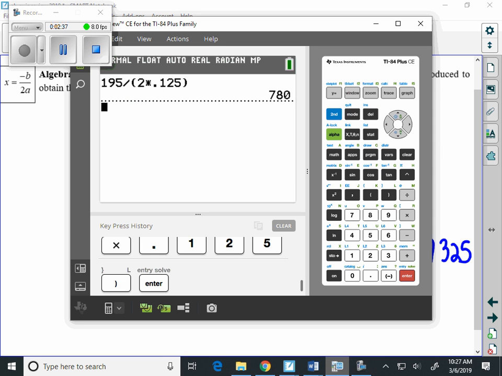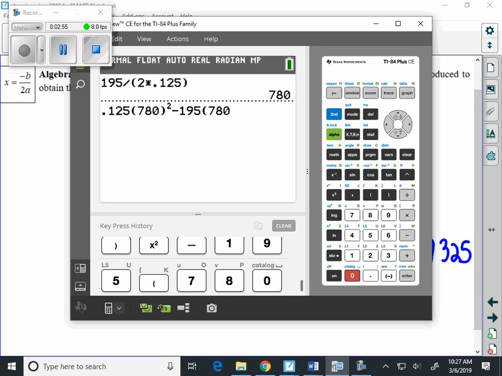I like to use the store button on this kind of problem. You do not have to, and I won't use it here. But 0.125 times 780 squared minus 195 times 780 plus 77,325.